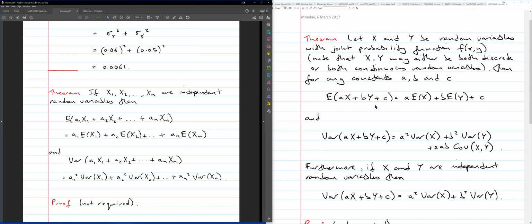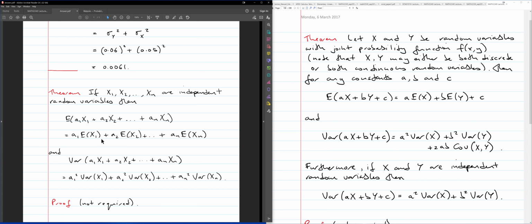Okay, now how did we work this one out? You just take the expected value of the variables themselves and pull the constants out. Notice we're doing the same thing over here. You take the expected value of x1, the expected value of x2, up to the expected value of xn, and you multiply each one by the corresponding constant, a1, a2, and an, and then you add them all up.